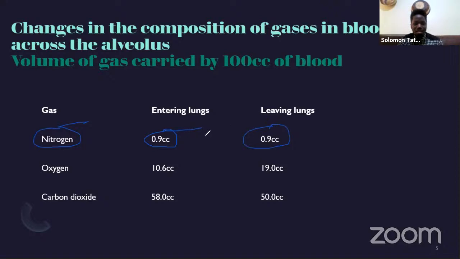It's not utilized at all. The amount of oxygen that enters your lungs is 10.6 cc, and then leaving the lungs is 19.0 cc. The amount of carbon dioxide is 58, and then leaving, 50.0 cc.